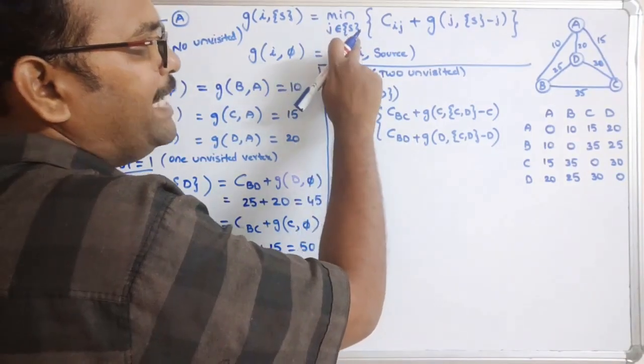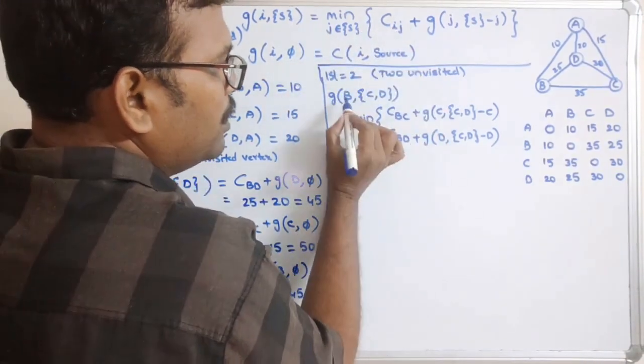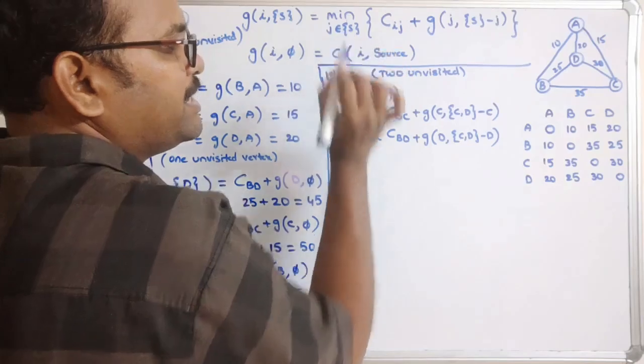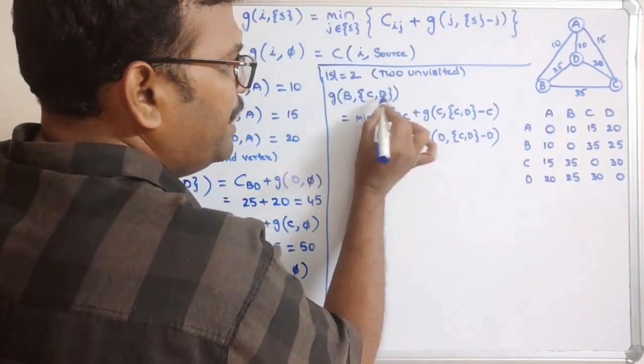J belongs to S, C, I, J. So C, D are the 2 elements in the set. So BC and BD.